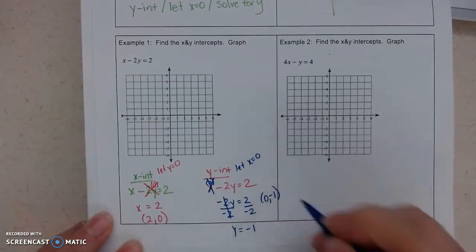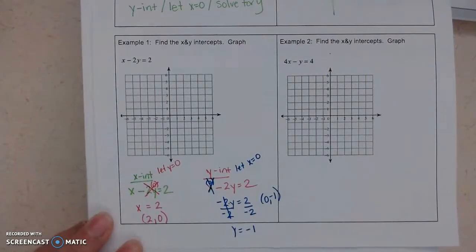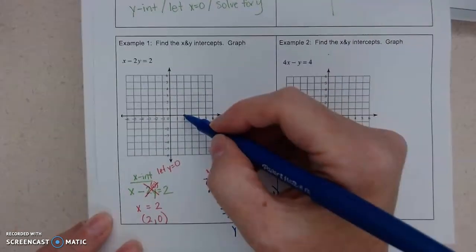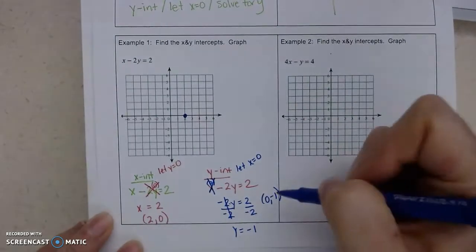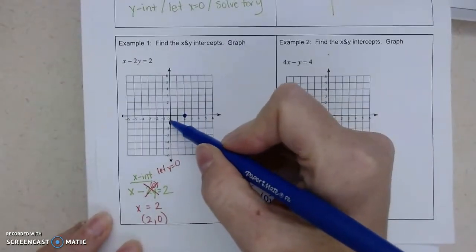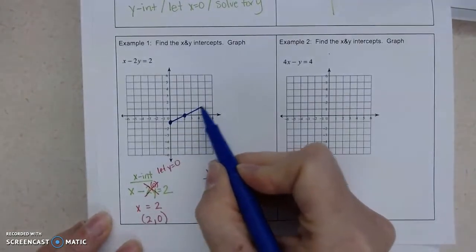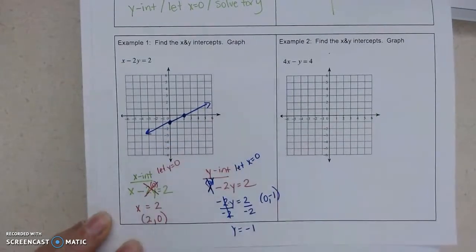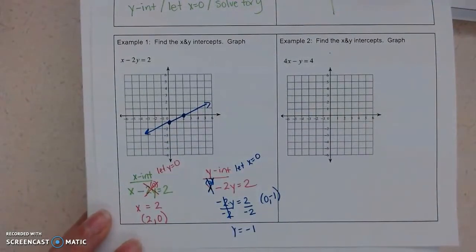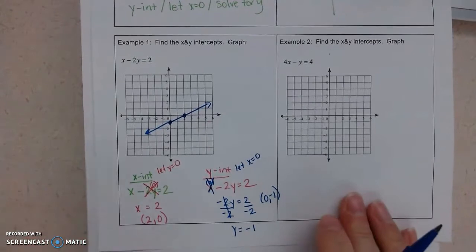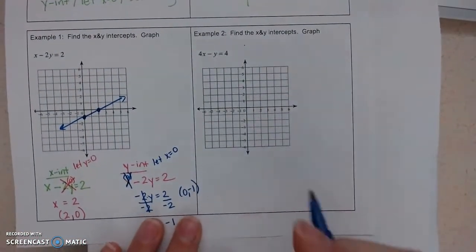So 0, -1 is our y-intercept. So now if we want to graph, we've got the ordered pair 2, 0, and we've got 0, -1, and use a straight edge to make your line. Super quick. All right, let's try another one just to make sure we have the idea.